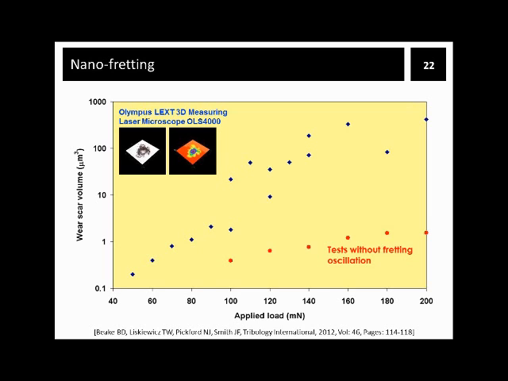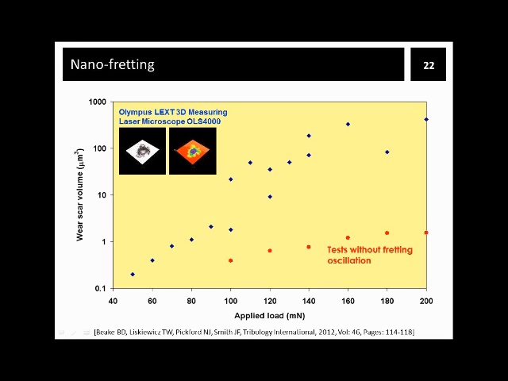So finally, to nano-fretting data. This is fretting scar wear volume measured by 3D laser microscope as a function of applied load. Red dots represent tests without fretting oscillation engaged, and blue dots correspond to actual fretting tests.